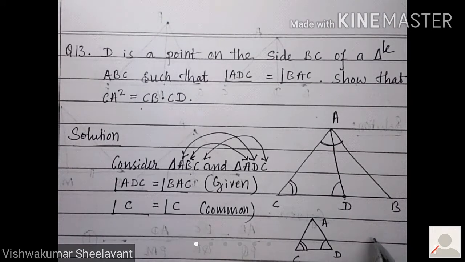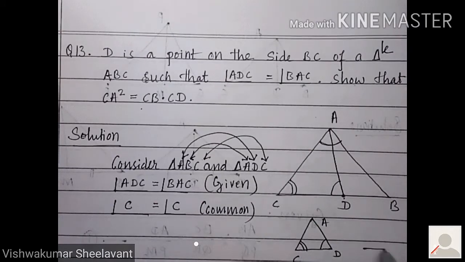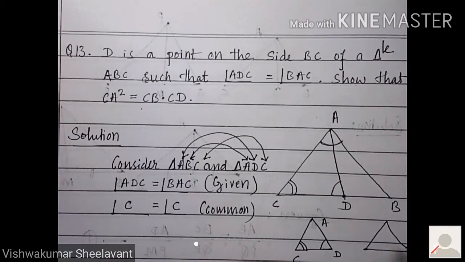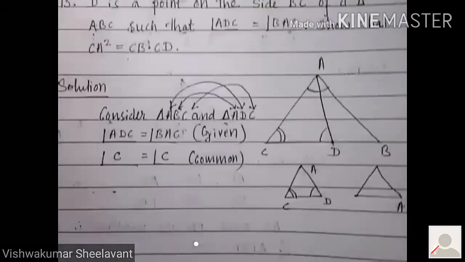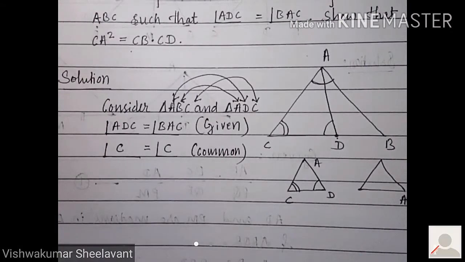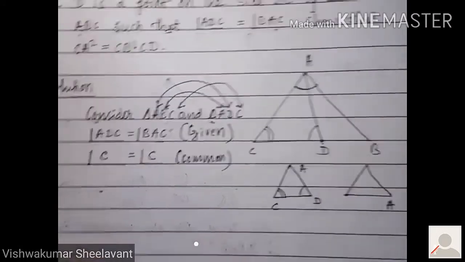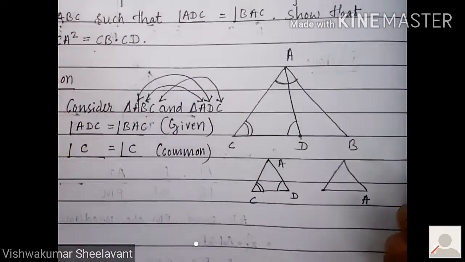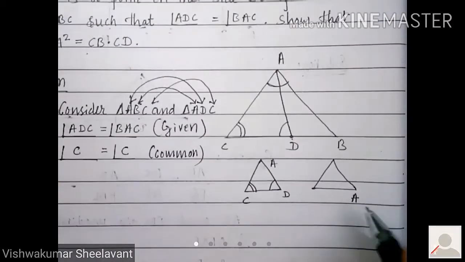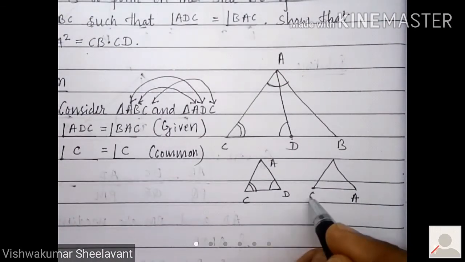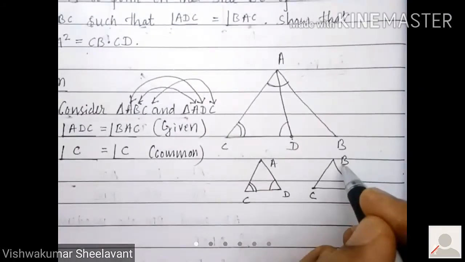And then triangle, you show A here, C here, and B here.